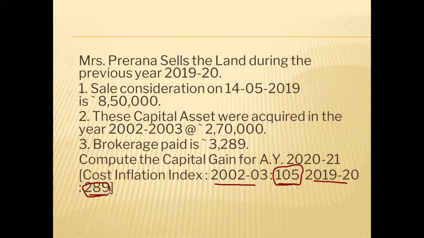For the purpose of understanding, if you could purchase an item for 105 rupees in 2002-3, the same item in 2019-20, you will have to pay 289. So suppose if you had 105 rupees, you could have purchased a particular item. For purchasing the same item in 2019-20, how many rupees will you have to pay? 289.